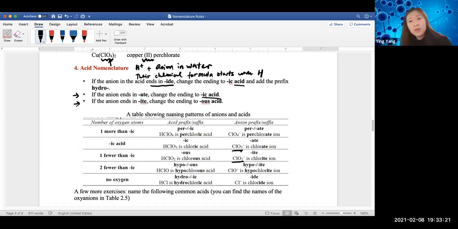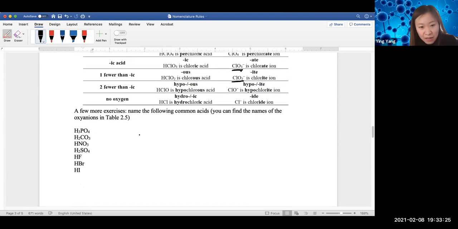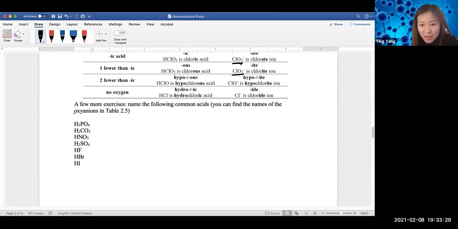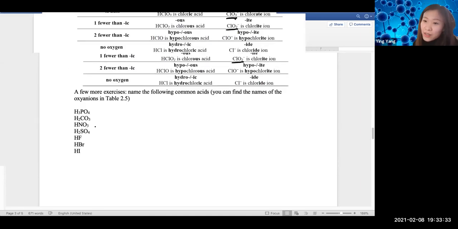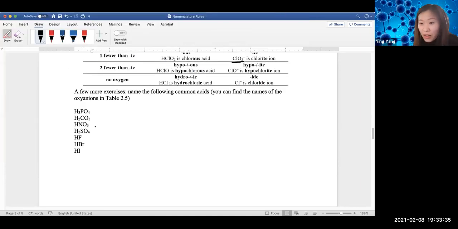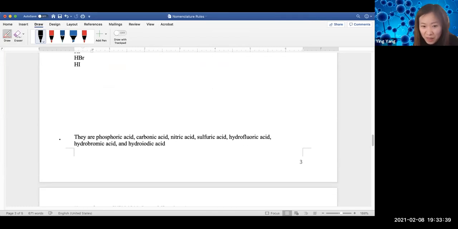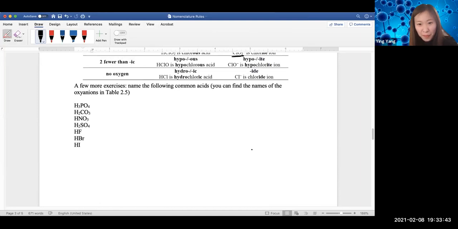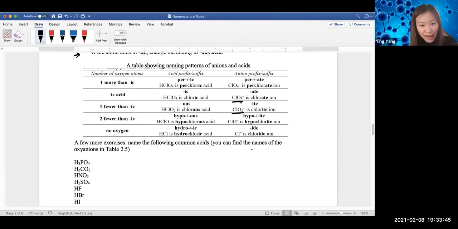And these are the naming rules for acids. Actually we have covered all of these, but I still wrote them down over here. So after class, you can practice on your own to write down their correct names. And the answers are provided at the bottom of the page. All right, those are acids.